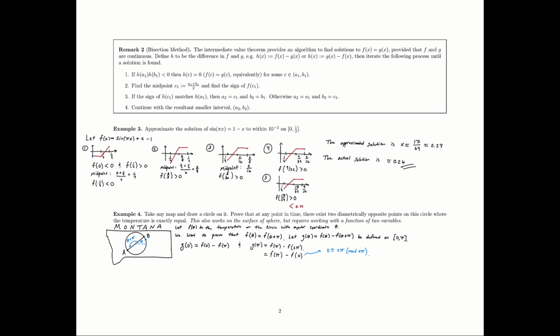Sure, it's a different year, but if you're only trying to figure out what the month is, you can just subtract chunks of 12 off. So in this case, this right here is telling us that we can just subtract off chunks of 2 pi, and then we get the same thing. It's called modular arithmetic. It's used a lot in computer science.